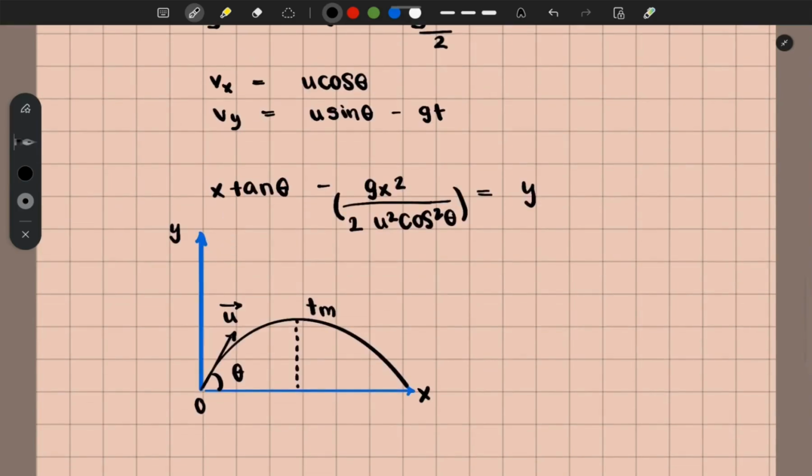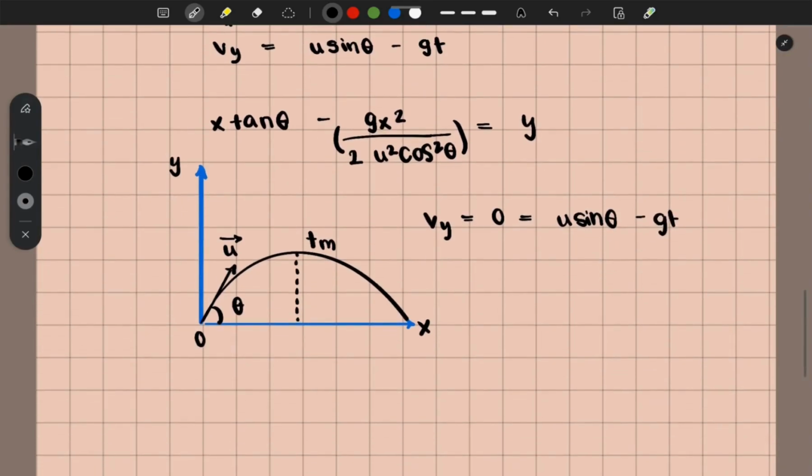Now at time Tm, since it is the highest point in the projectile's trajectory, we won't have any vertical velocity over here. Therefore, Vy will be equal to 0, and with a simple rearrangement of the equation we get g t is equal to u sine theta.